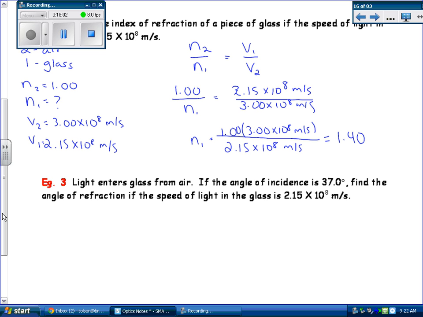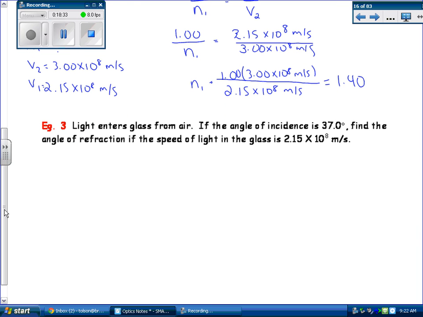You guys try example 3. You should get 25.6 degrees.